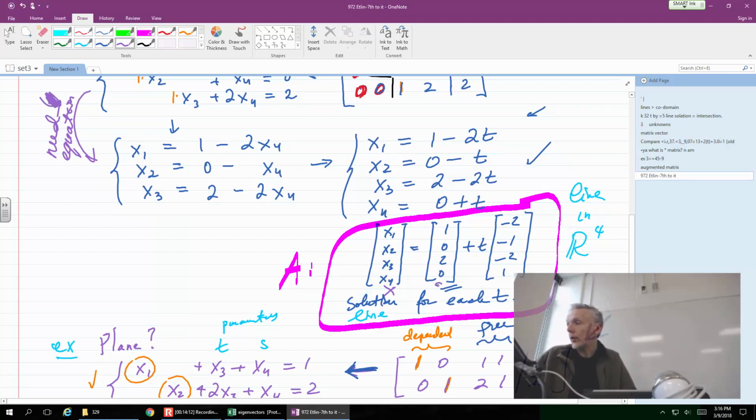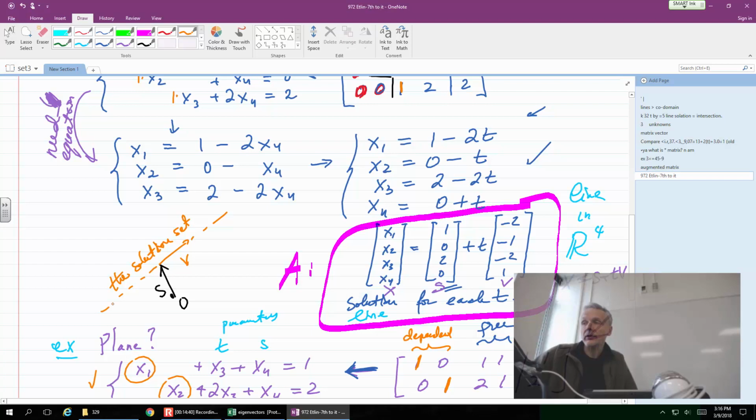So I call this x, I call this s again, and I call this v. The equation is x equals s plus t v. And then the plot: this is 0, this is s, and from the end of s I'm adding multiples of v, like this, and this is the solution set.